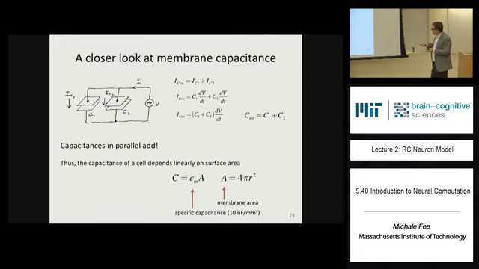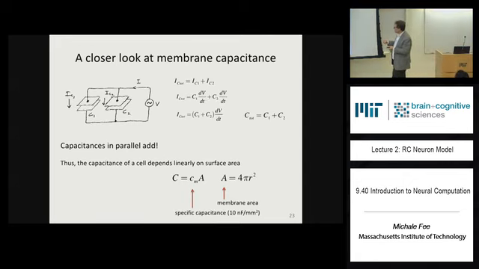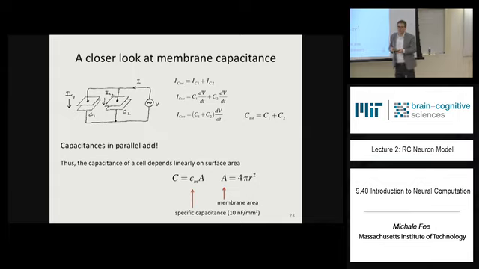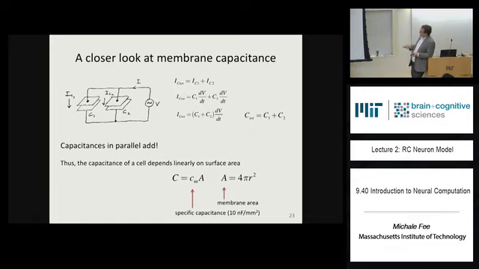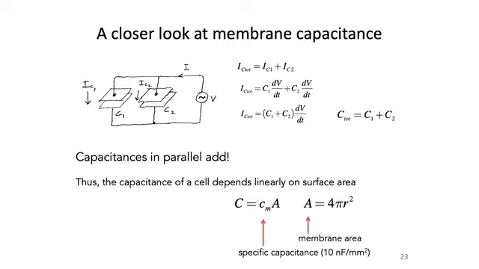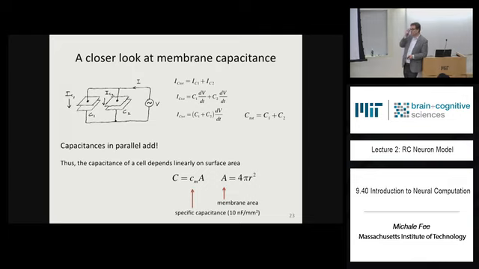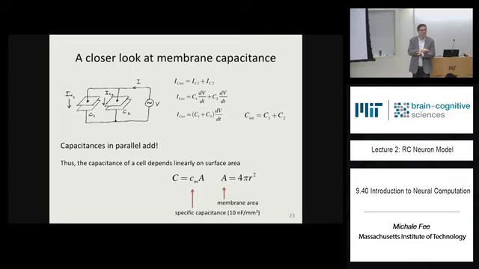And the area of a cell, if it's a sphere, is 4 pi r squared, where r is the radius, okay? All right, and this C sub m is called the specific membrane capacitance, and it's 10 nanofarads per square millimeter.